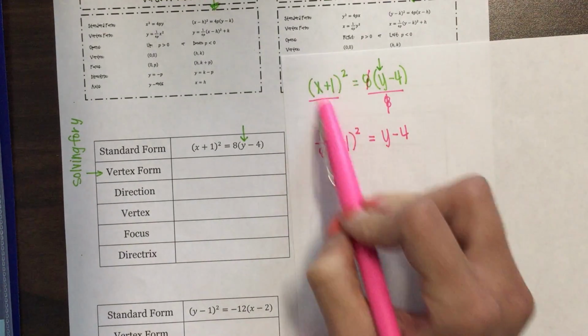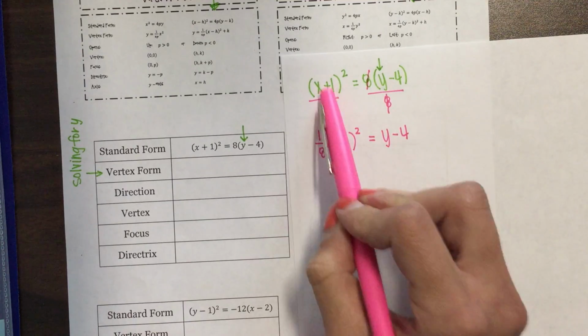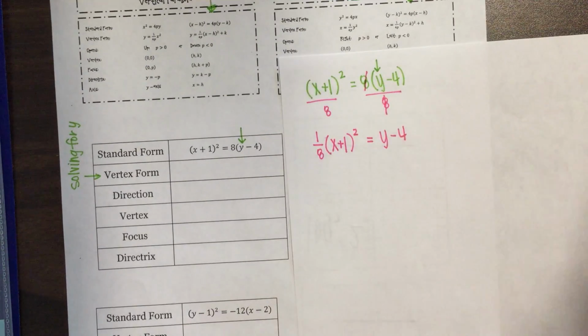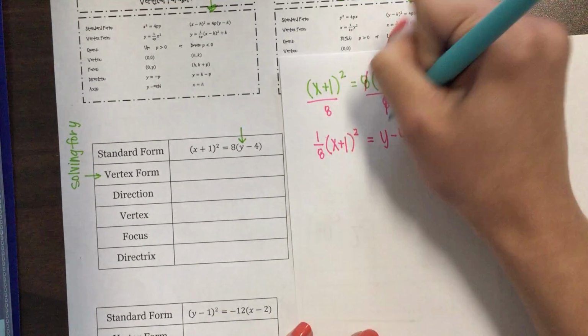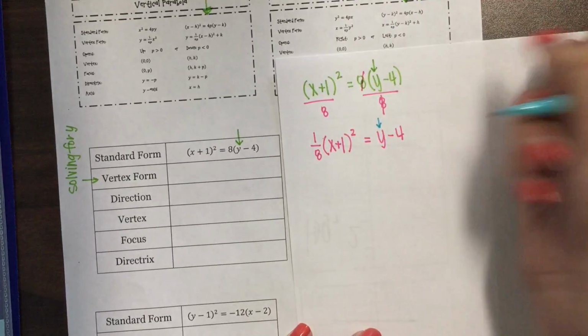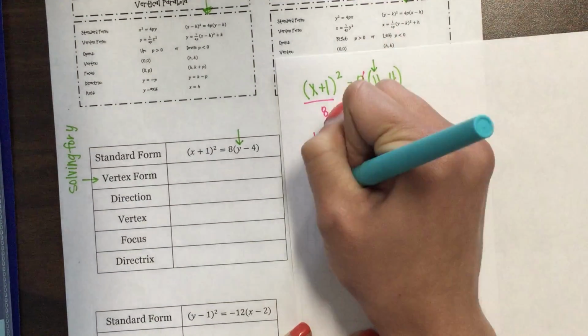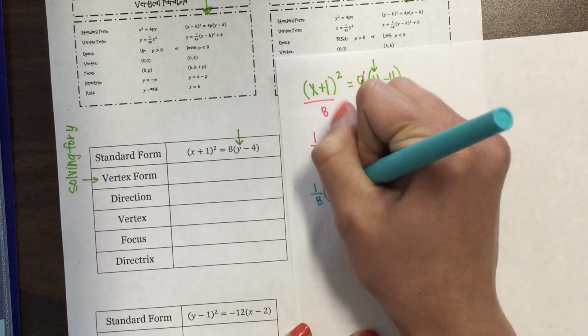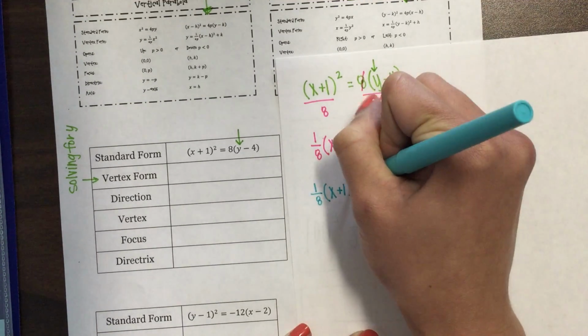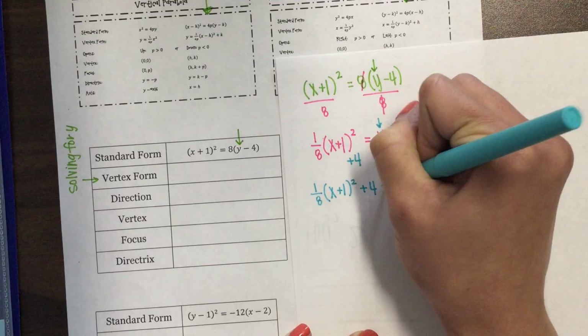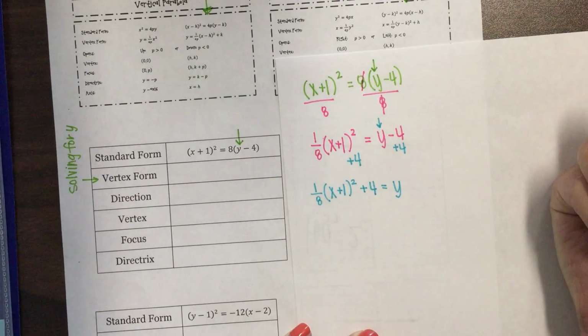These two things are equivalent. I didn't change anything. Now I still just need to get y by itself, so I'm going to add 4 to both sides. So I end up with 1/8 x plus 1 squared plus 4 equals y.